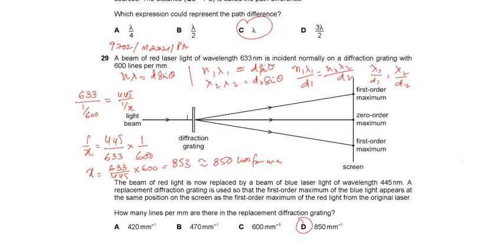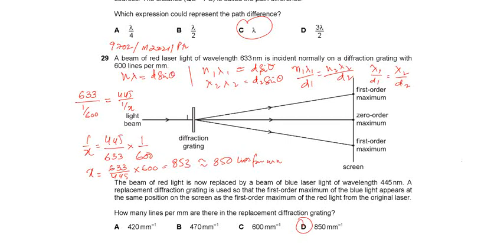Let's say n1 and lambda 1 are for the red light.